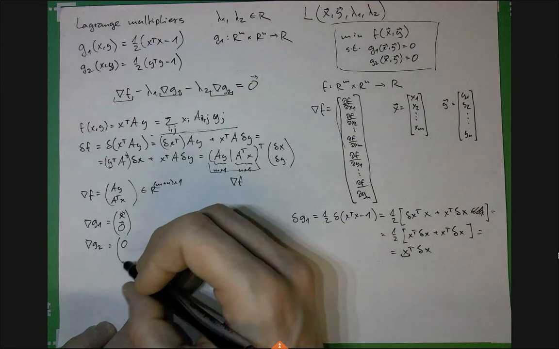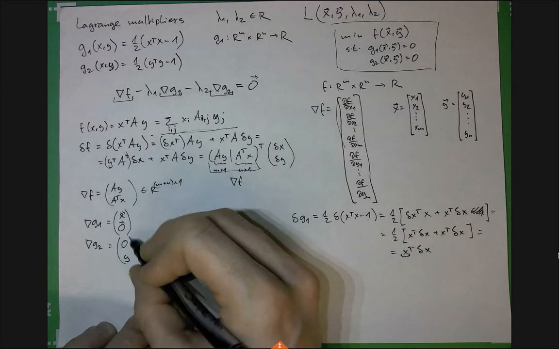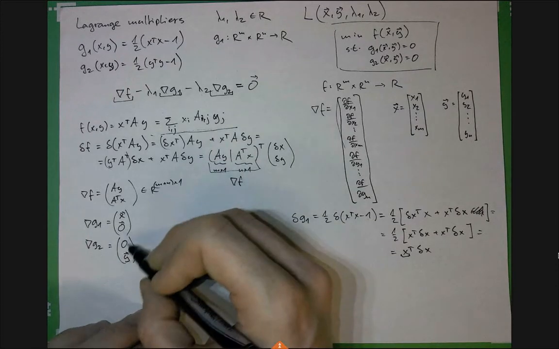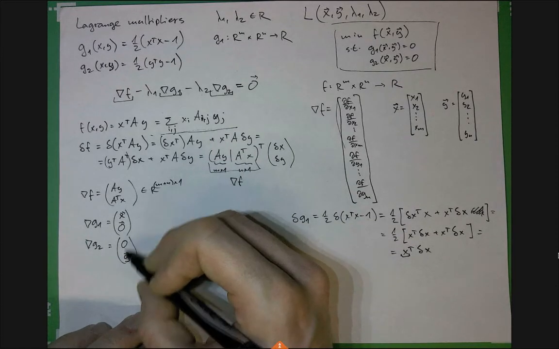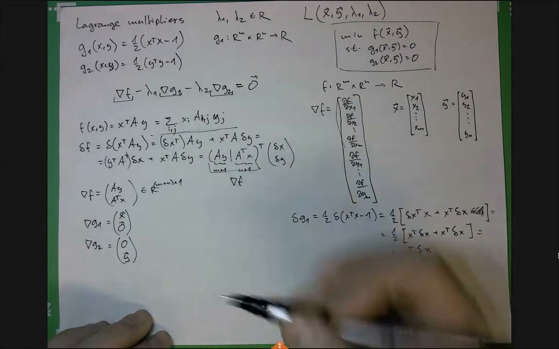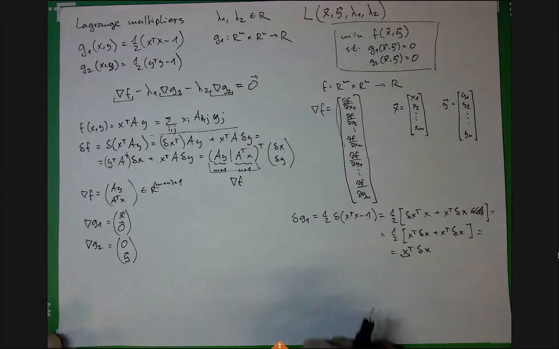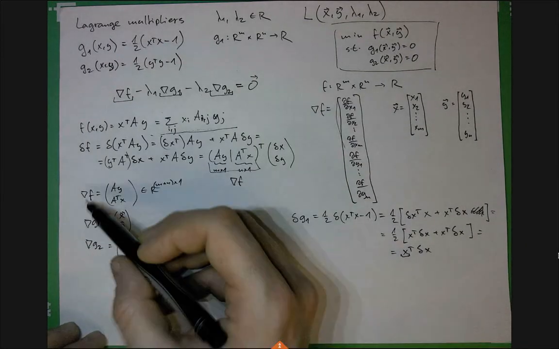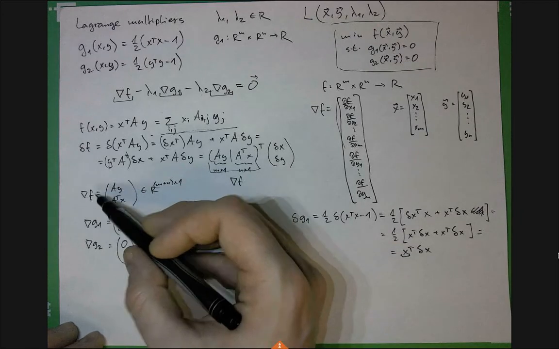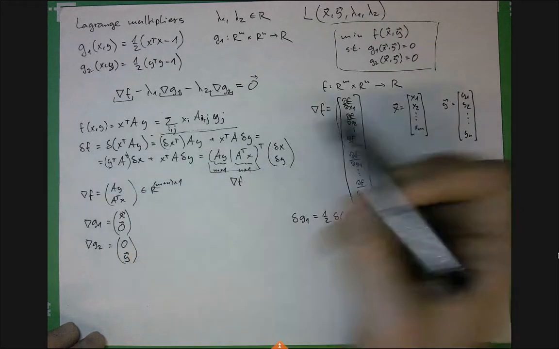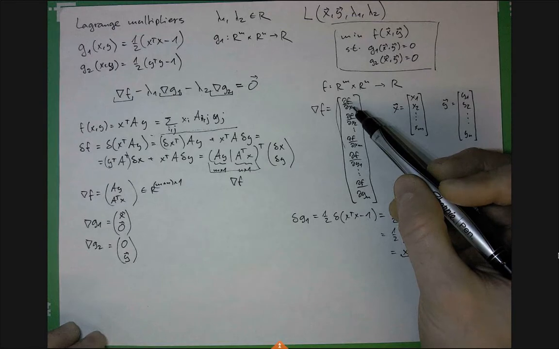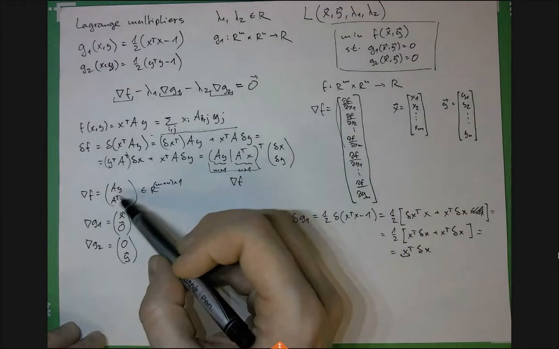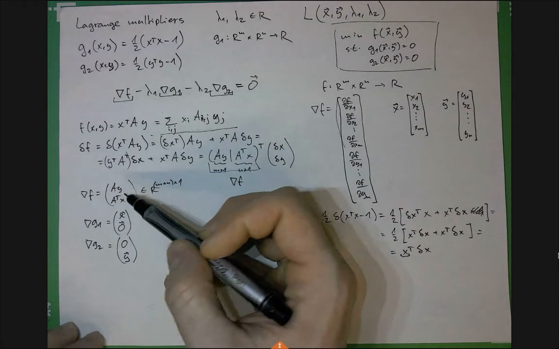So it starts with 0, and then comes y. Now I understand this is m zeros and these are the n coordinates of the vector y. By the way, I don't write it here, but all these gradients, of course, depend on the point at which we are evaluating them. So this assumes I'm evaluating at the point x and y, which is an arbitrary point.